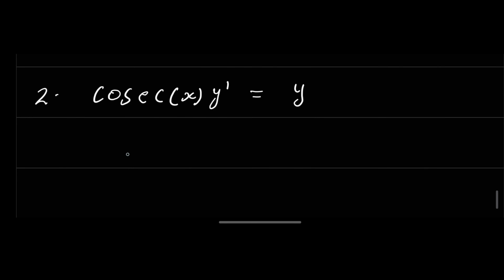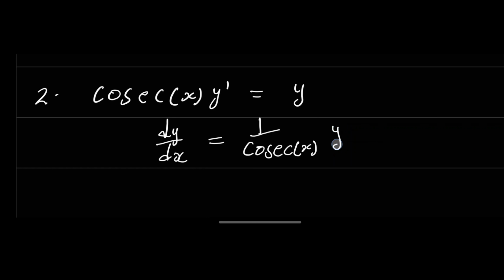Well, let's start the solution straight away. I can divide both sides by cosec of x and simultaneously expand this into its other notation to have 1 over cosec x y.